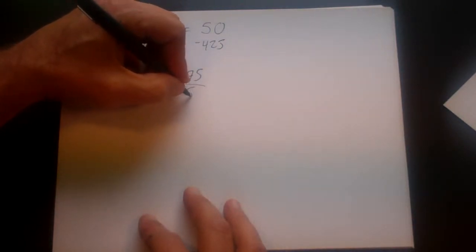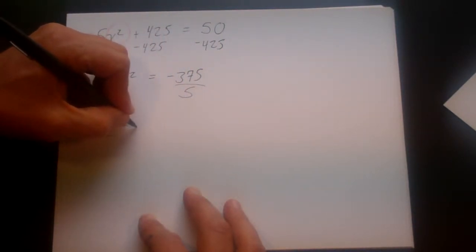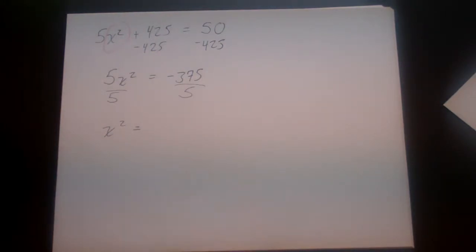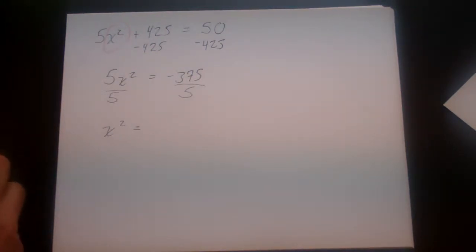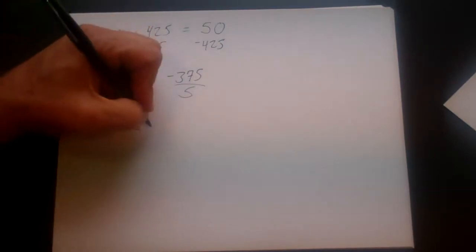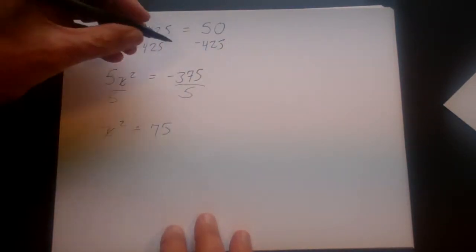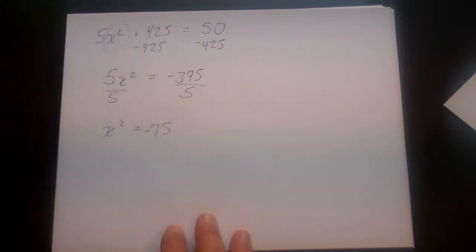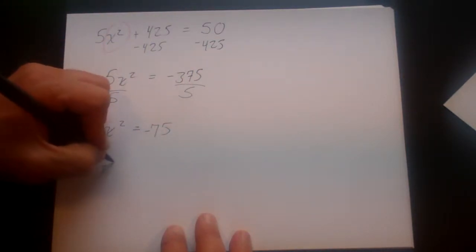Divide both sides by 5, and you get x squared is equal to, let's look at what 375 divided by 5 is. 375 divided by 5 is 75. Now it's a negative 375, so it's minus 75.